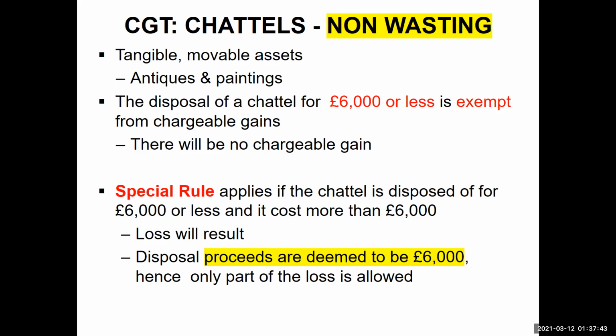Typically, we know that a loss will result, because if we bought it for 10,000, for example, and we dispose of it for even 6,000 or 5,000, a loss will apply. Let's proceed and see how to deal with these situations.